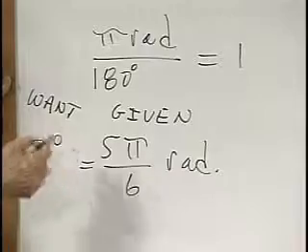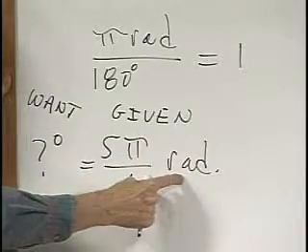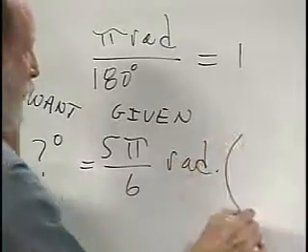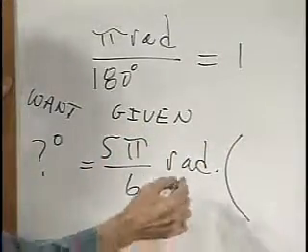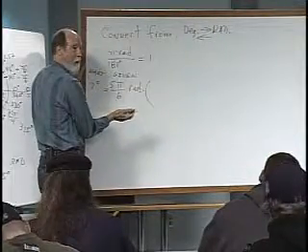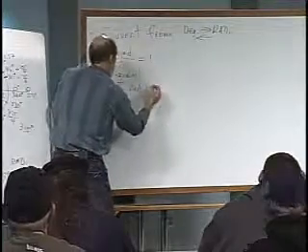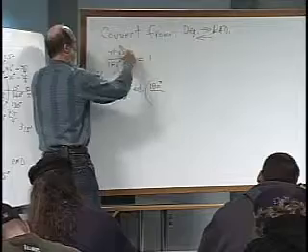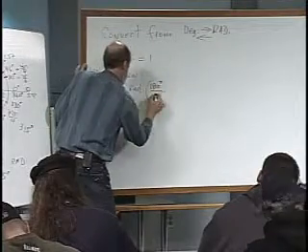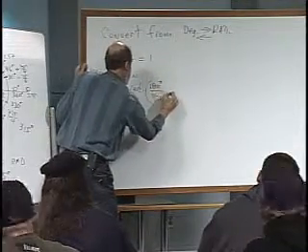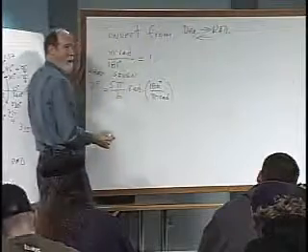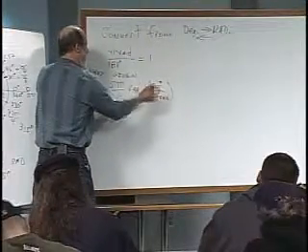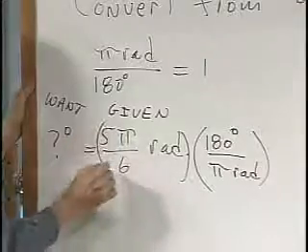To convert from radian measure, which is given, into degrees, all I have to do is multiply the given information times the conversion factor. If I turn this fraction upside down, 180 degrees is equivalent to pi radians. So this is my conversion factor that I tag on as a multiplier to the given information.